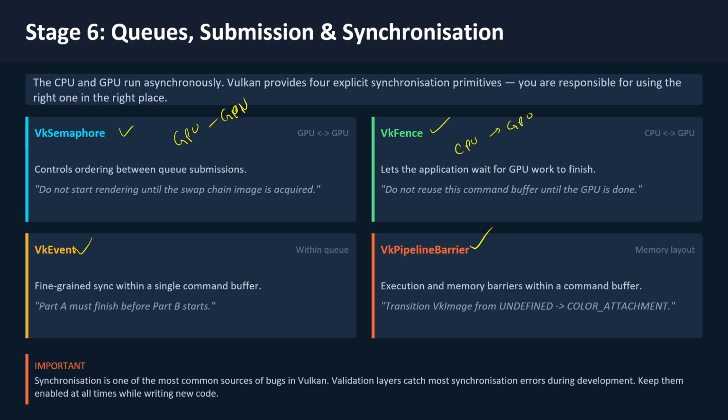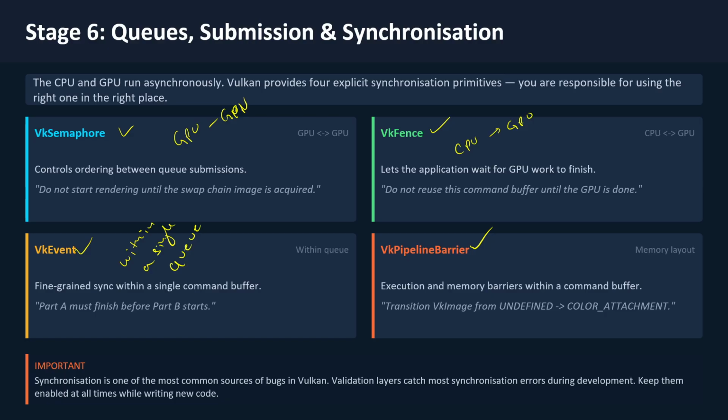One thing which is important is that this is within a single queue, not across multiple queues. So the event manages synchronization of your command buffers within a single queue, and it allows you to control the ordering of your command buffers.